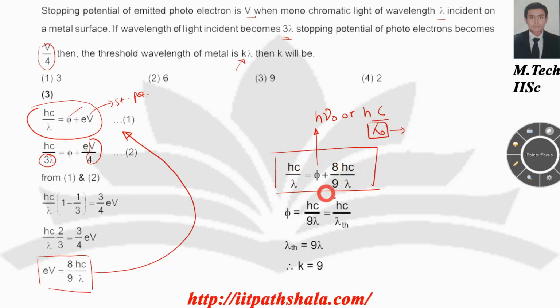Okay, compare both of them and you will be landing up with the following expression: phi is equal to hc by 9 lambda. Now as you know, this expression is your hc by threshold wavelength, and it is being given that your threshold wavelength is K lambda. Compare 9 lambda to your threshold wavelength. Okay, then you will be landing up with the value of K to be equal to 9.